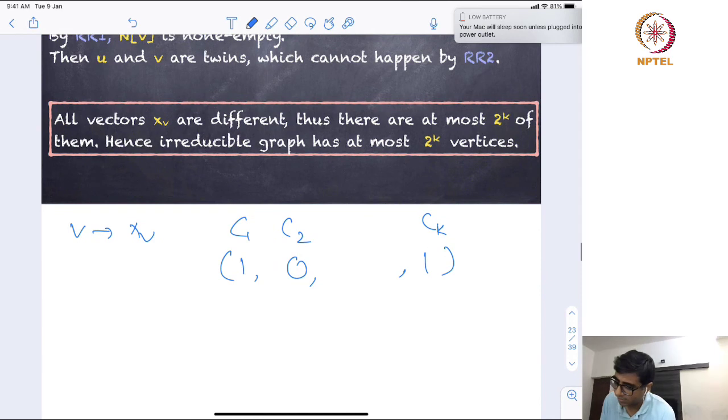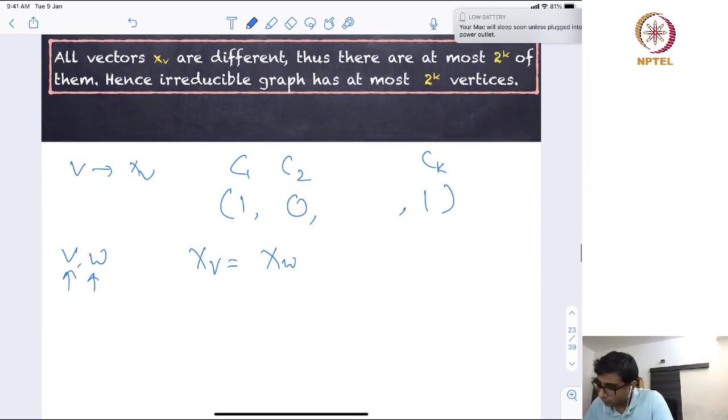Now let's ask ourselves, if for two vertices V and W, xv is equal to xw, it means that V and W are present in the same cliques, so they see the same neighbors everywhere.